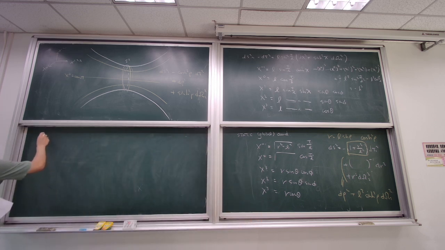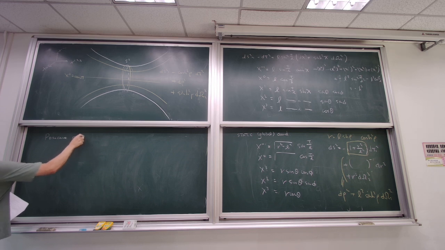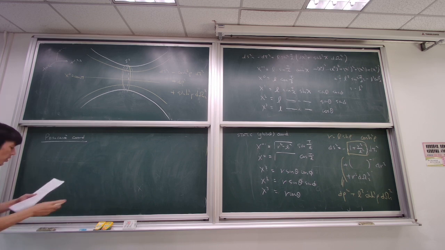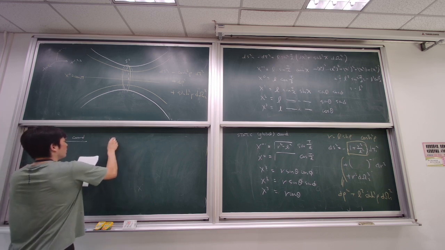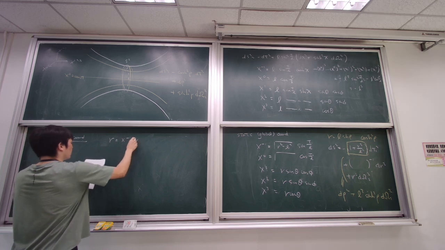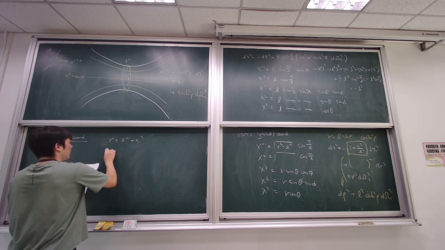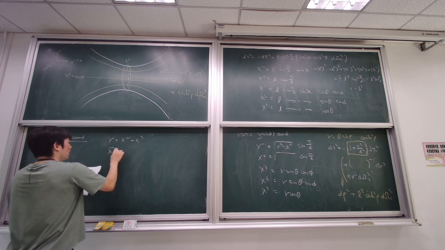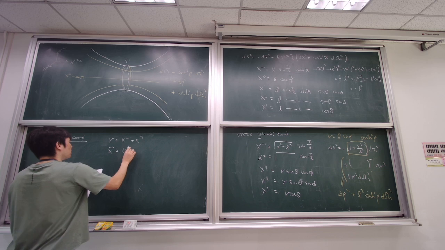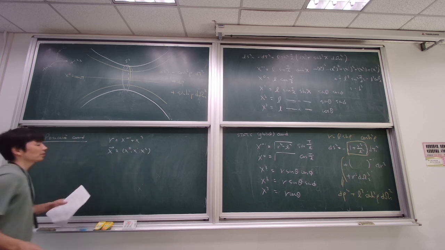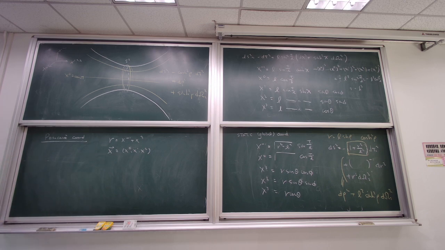So here we set R equal to x minus 1 plus x3, and this x vector is x1.